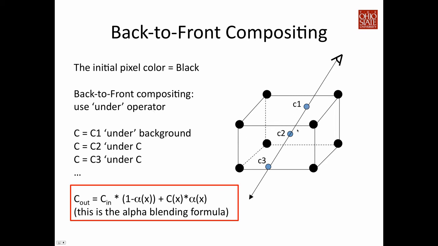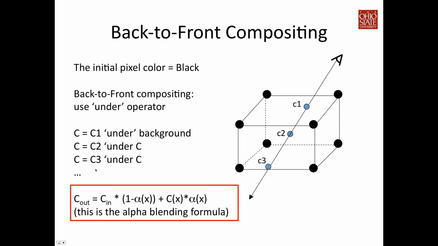Now I advance my ray, I encounter a new point C2, and I'm going to add C2's contribution, and C2 is behind my current ray up to before the second point. So I'm going to use the equation to blend C2 under the C. Then I move on to the third point.